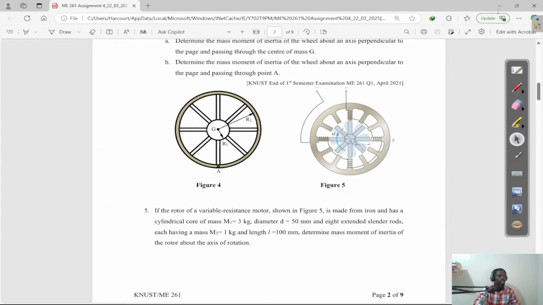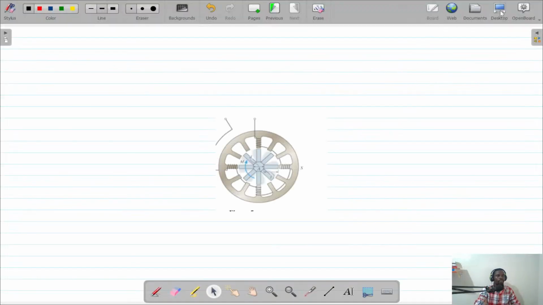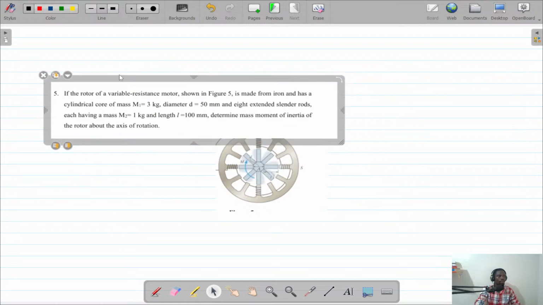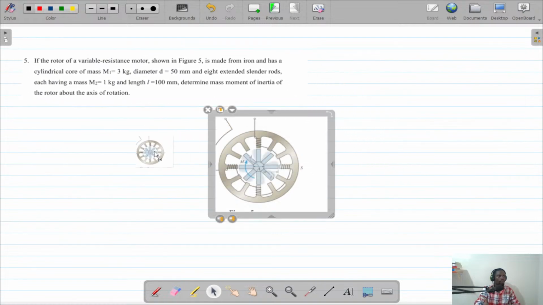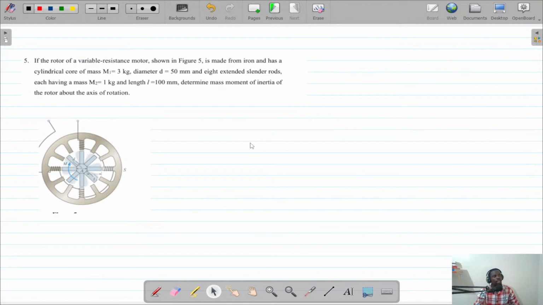Okay, so the next is, all right. In this question, we have a rotor of a variable resistance motor.